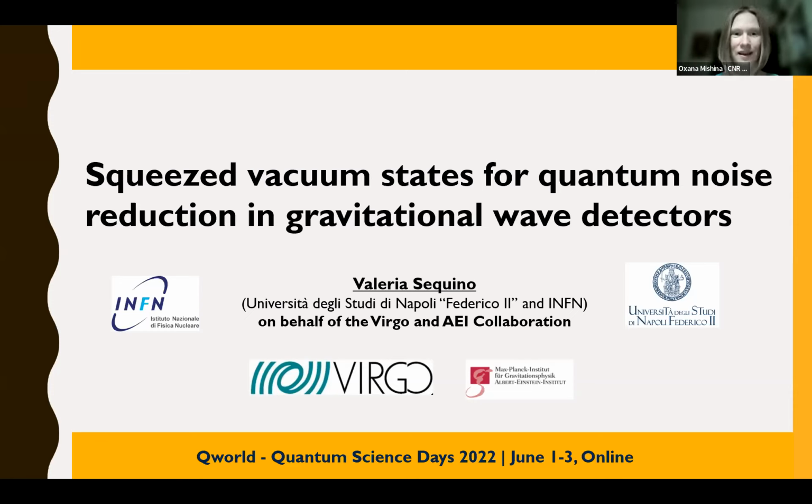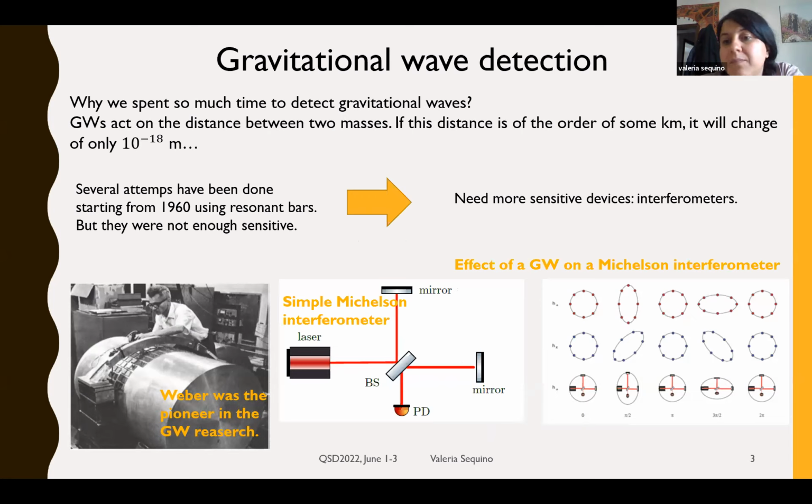The effect of the gravitational wave is very tiny. If we consider two masses at a distance of some kilometers, the distance between these two changes by only 10 to the minus 18 meters. This means that it is 8 orders of magnitude less than the radius of the atom. The first attempt to detect gravitational waves experimentally was done by Weber using a resonant mass.